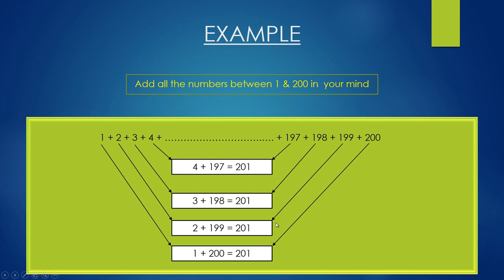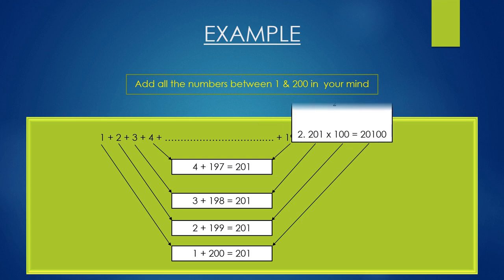Now count how many numbers we have added till now. 1, 2, 3, 4, 5, 6, 7 and 8. So a total of 8 numbers. Now let's count the number of boxes. 1, 2, 3, 4. So we have added 8 numbers in just 4 steps, that is half the number of steps.